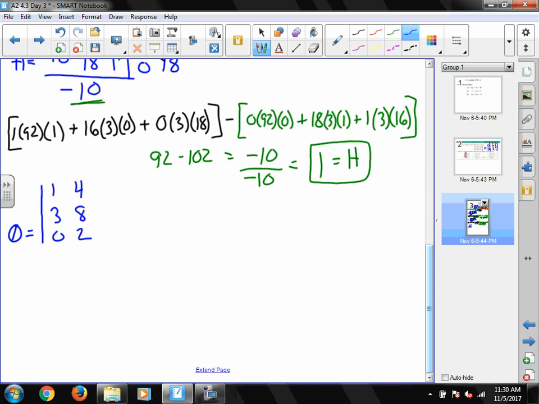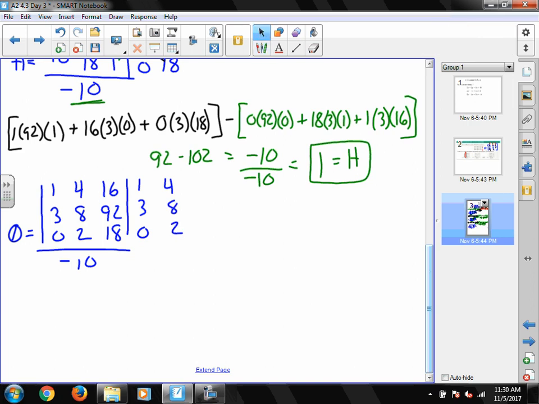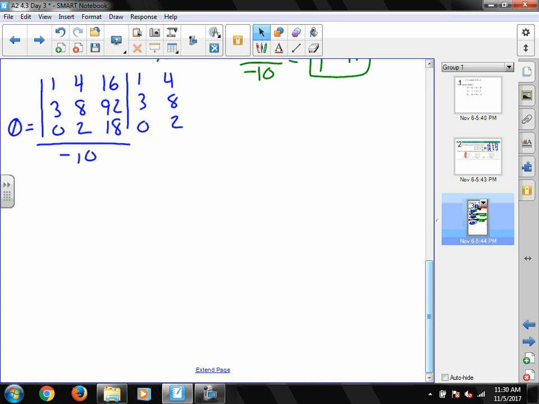I'm going to replace that with my 16, 92, and 18 here. Divide by negative 10. And copy my first columns over, 1, 3, 0, 4, 8, 2. And we get to work finding our determinant.